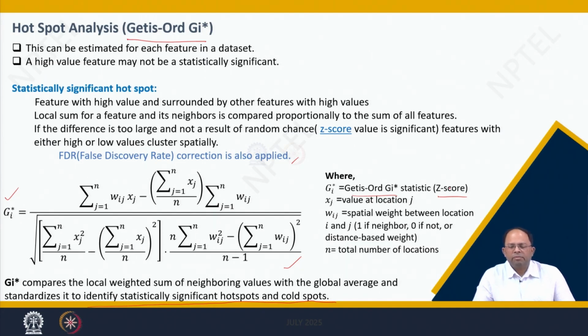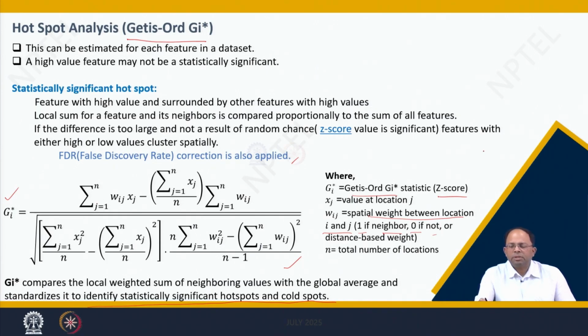Then xj is the value at location j. Wij is the spatial weight between locations i and j. Now this is very important, because it determines how many nearby locations we are considering. Wij is 1 if it is a neighbor, or 0 if it is not.